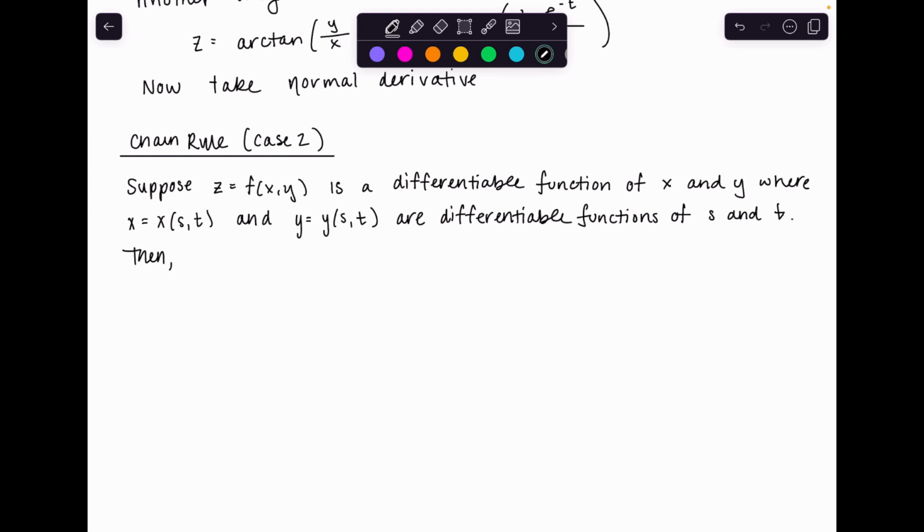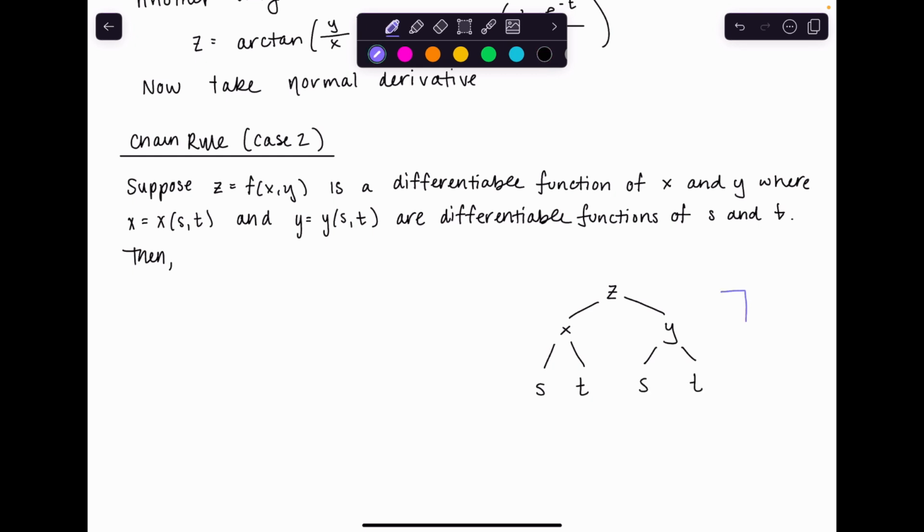So starting with my tree diagram, z is my topmost variable, and I'm going to need some bigger space here. It depends upon two variables, x and y. Okay. Then each of these have multivariable dependence, s and t.